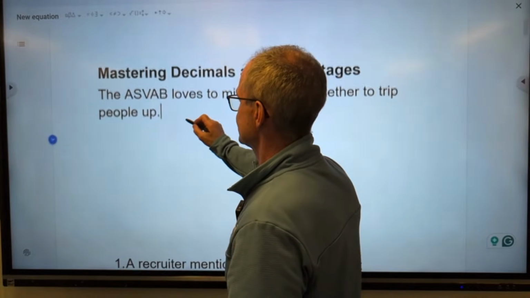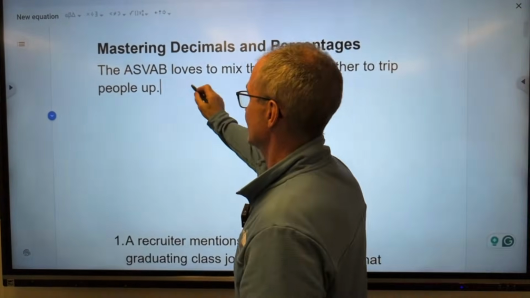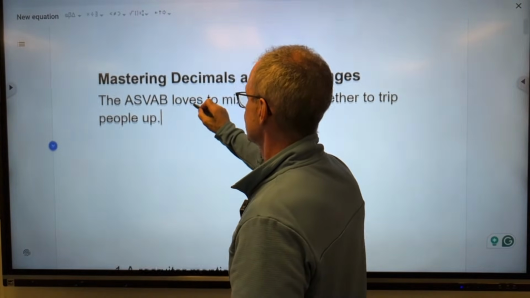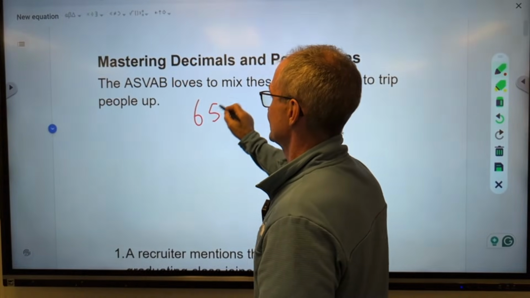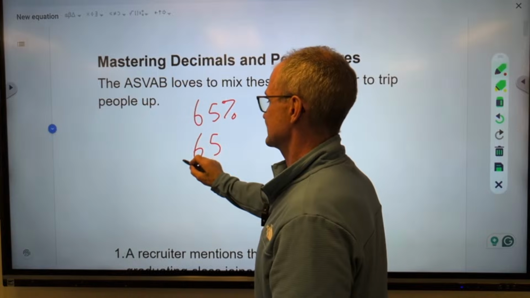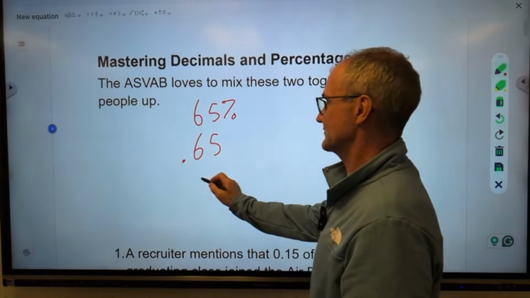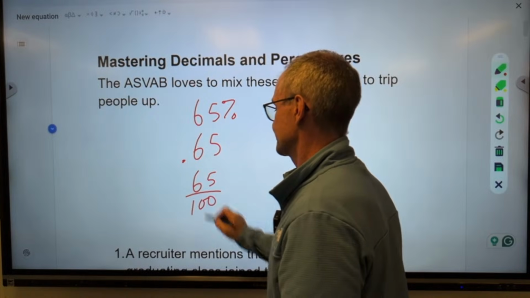We had 65. 65% is equivalent of 0.65, or as a fraction, 65/100ths.